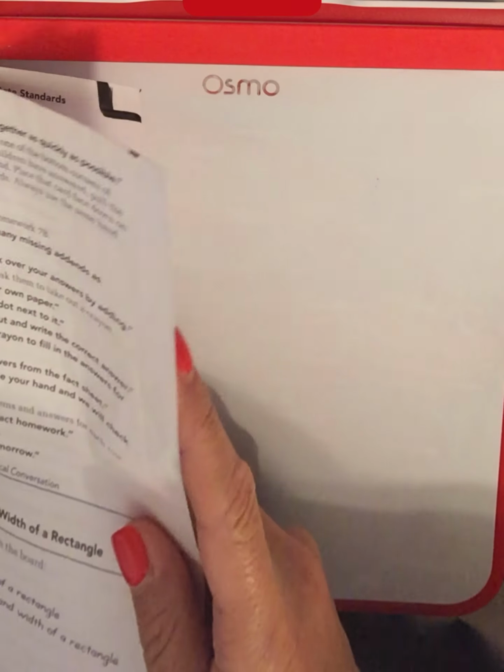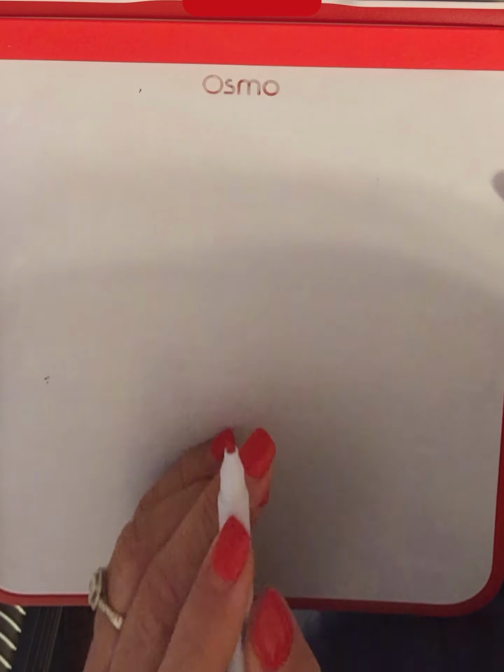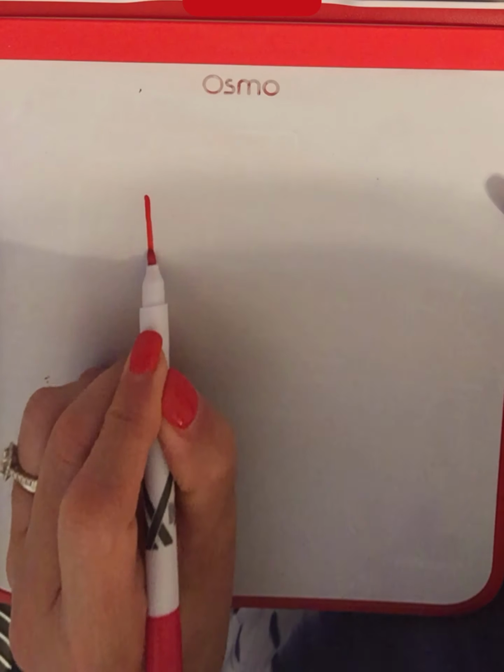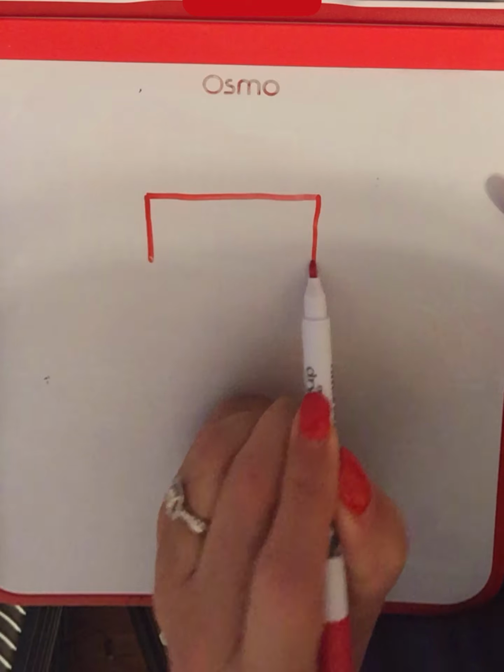All right, so our lesson today is going to be about rectangles, okay? So we are going to be talking about how to identify the properties of a rectangle and how to measure the length and width. So when you have a rectangle, notice how many sides do you see?